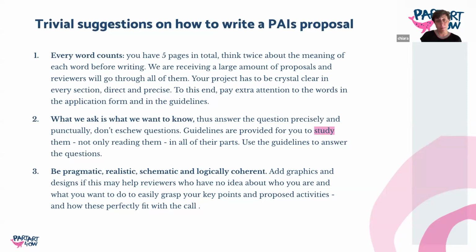Therefore, the final installment is going to be sent to your organization only after we go through the report and check that the promised activity has been performed. This is a further reason for not over-promising and for being pragmatic and realistic, but also ambitious. So to get the final installment, half of the amount.